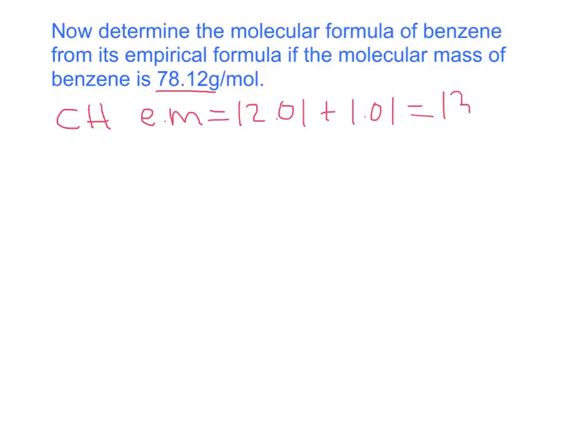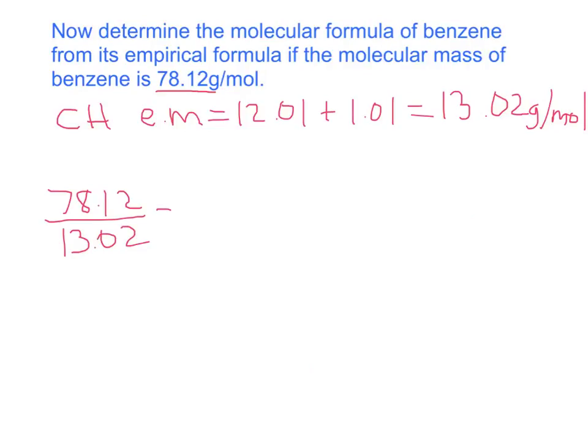So again, it all depends on what periodic table you use. 13.02 grams per mole. That's the empirical mass. And then you take 78.12 and you divide it by the empirical mass to get your multiplier. In this case, it turns out to be exactly 6.